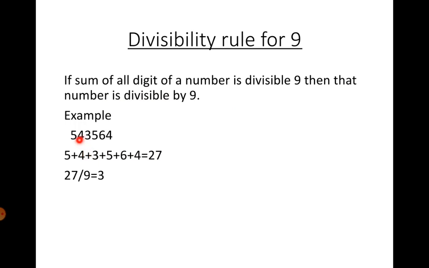For example, 5,43,564. The sum of these digits, 5 plus 4 plus 3 plus 5 plus 6 plus 4, is equal to 27, and 27 is divisible by 9. So this 5,43,564 is divisible by 9.